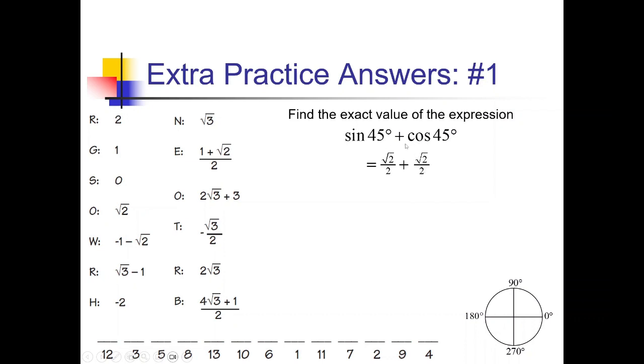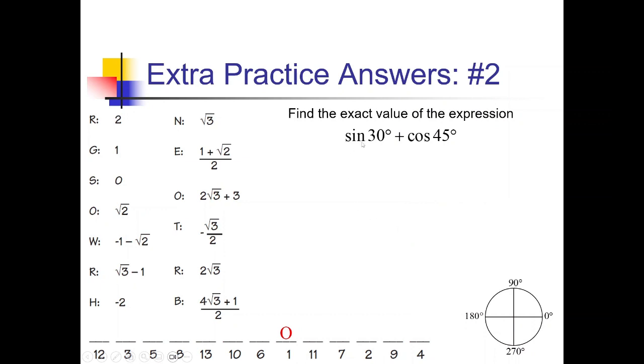That's going to be 2 radical 2 over 2. This 2 and this 2 are going to cancel out, leaving me with just radical 2. And now let me see if I can find that answer. I've got that next to the letter O here. So I'm going to put an O next to spot number 1 right here. And it looks like all these numbers are used only once, so I don't have to worry about duplicates.